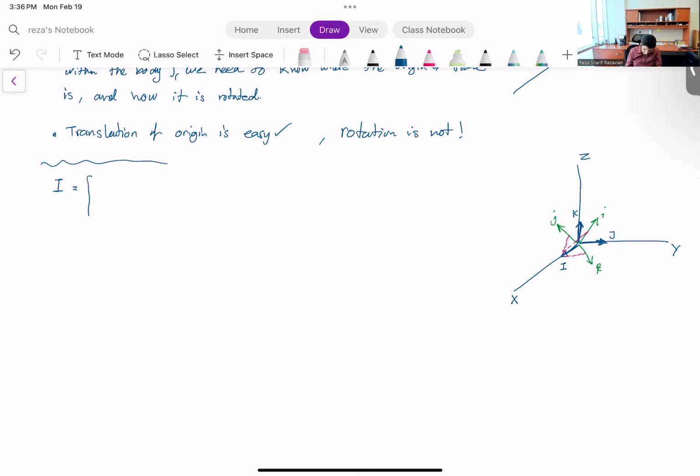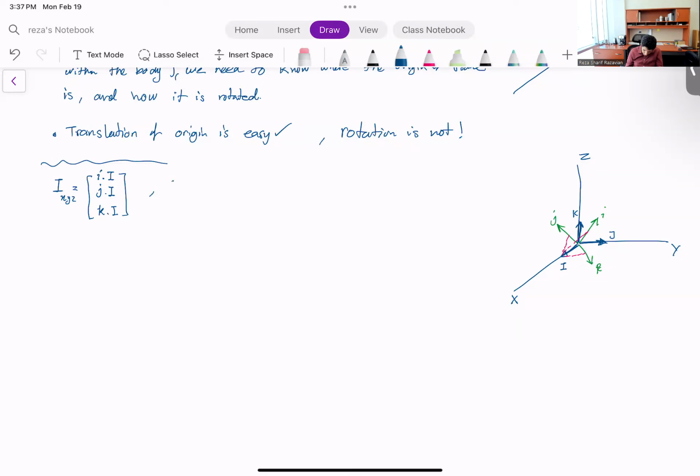So I, and I'm going to write it in a matrix notation. So I is I dot i along the little i, and j dot I along the little j, and k dot I along the little k. And that is my I in the XYZ frame, the little XYZ.